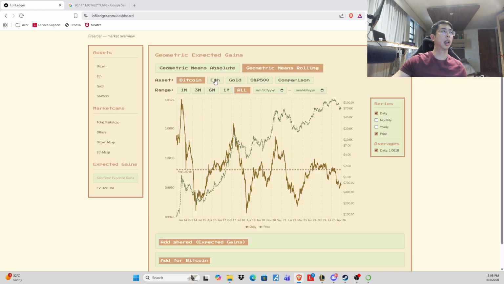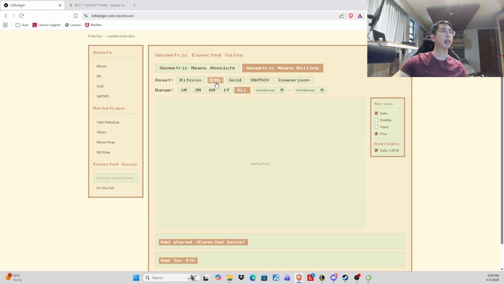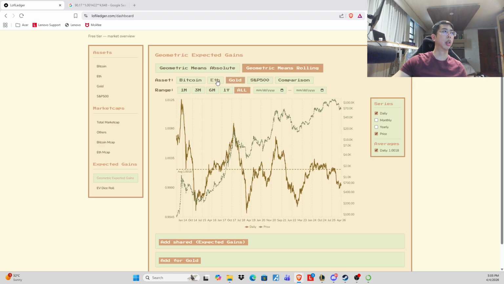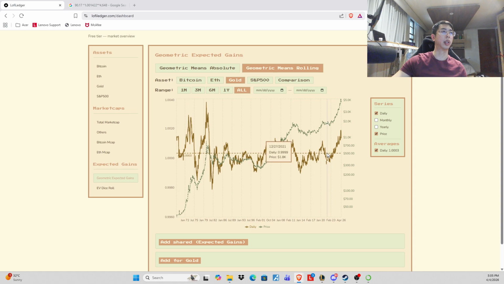And I just want to show you guys what this looks like for other graphs. So for gold, for example, gold has been increasing so much recently, right? And you can see here, gold is pretty high in terms of its geometric expected gains. And if you feel like this trend continues, like it's just going up and down and up and down, this might go down sooner than later.